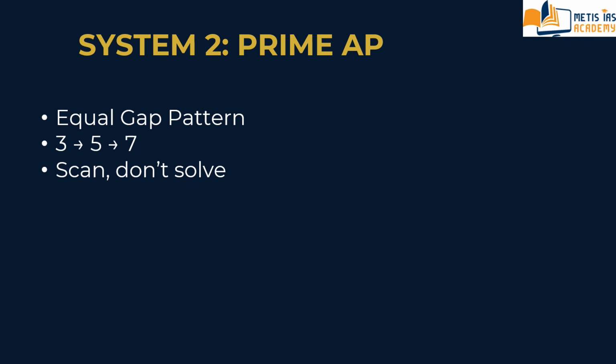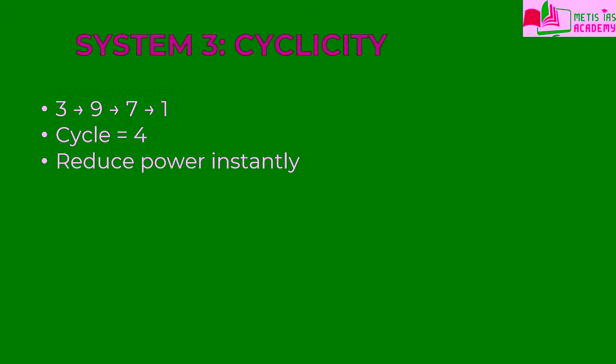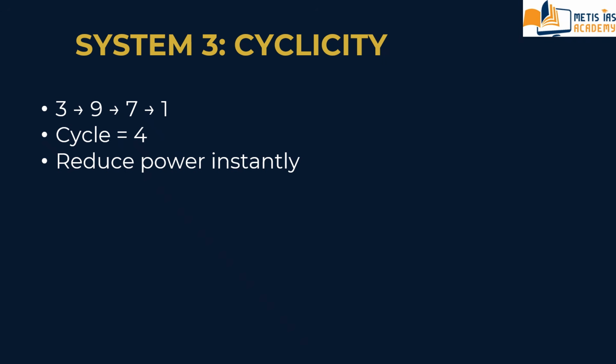We are moving to system number 3, that is cyclicity or digit or divisibility trap. The question we have taken is from CSAT 2021. If 3 to the power of 2019 is divided by 10, then what is the remainder?